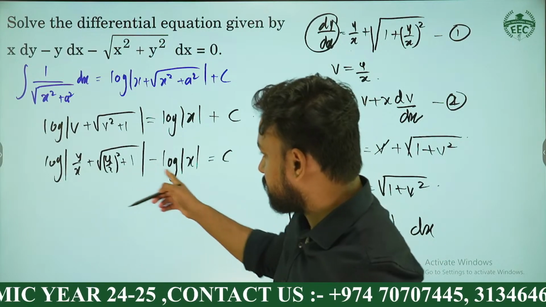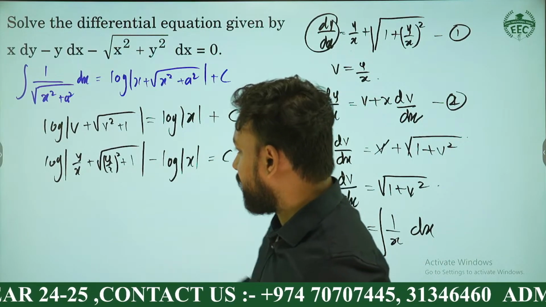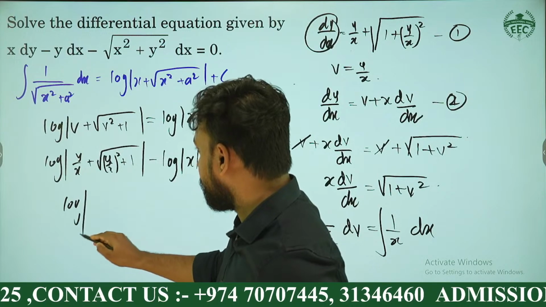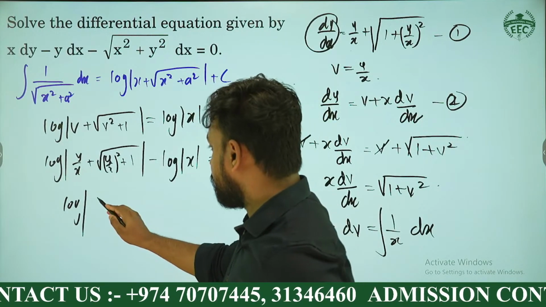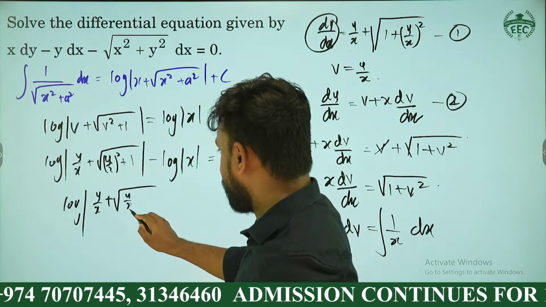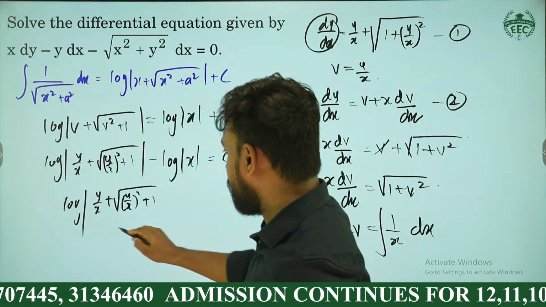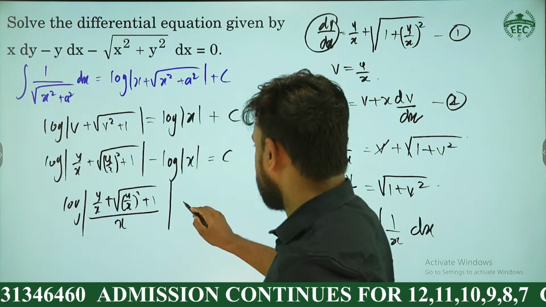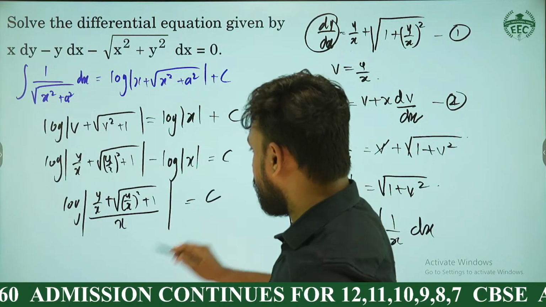And finally this is log a minus log b. You can write log a by b, right? That is, y by x plus root of y by x the whole square plus 1, all divided by x is equal to c.